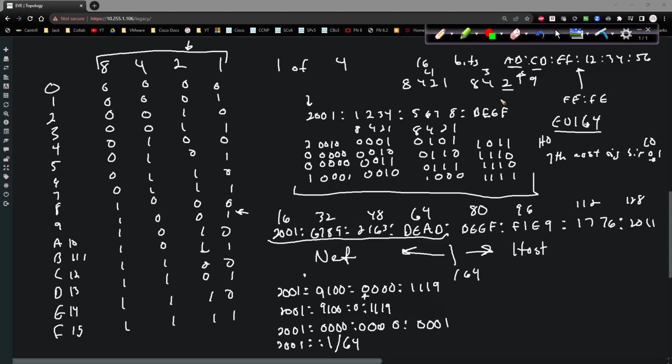Now, if you were to manually change the MAC address, you would be manually modifying the universally assigned address.